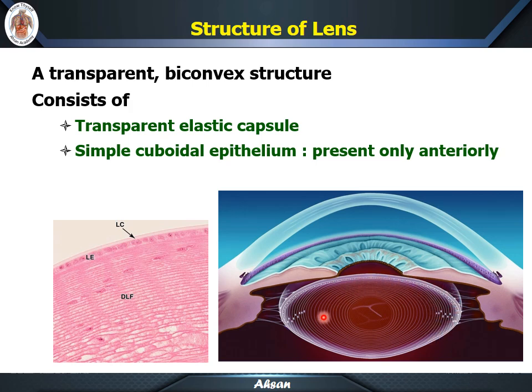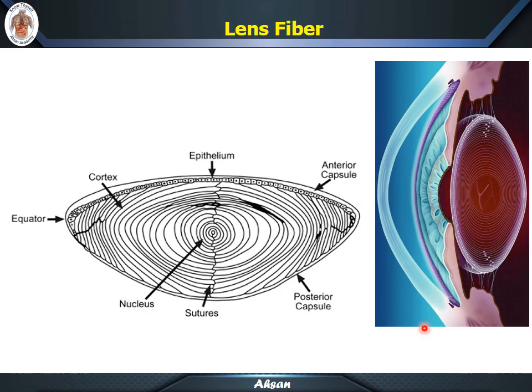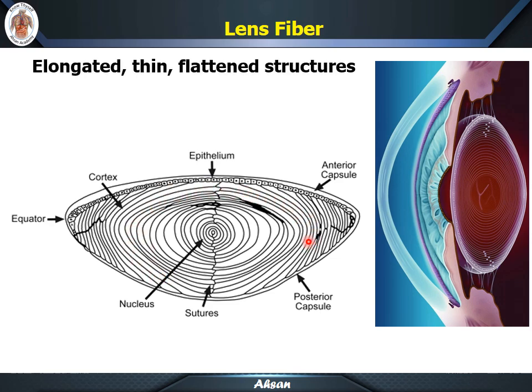It's a special type of cell that fills it, and these are known as lens fibers. You can say this is the cuboidal epithelium anteriorly, but posteriorly the cells become very elongated and of a special type, thin and flattened, and known as lens fibers.